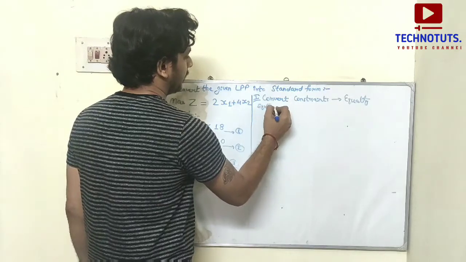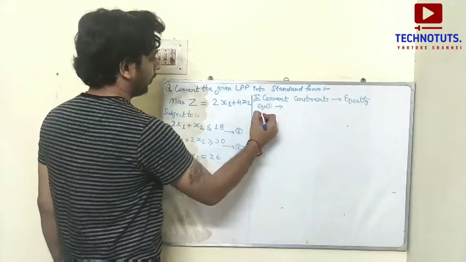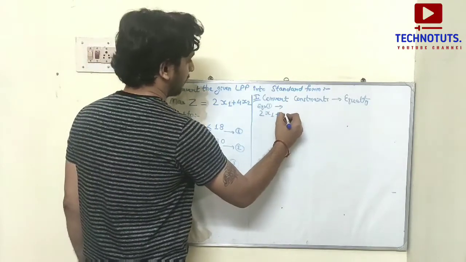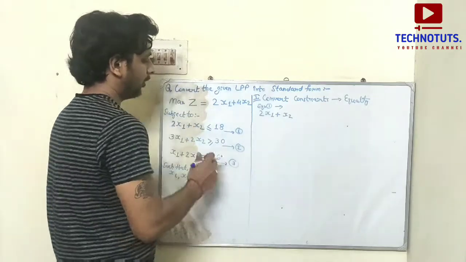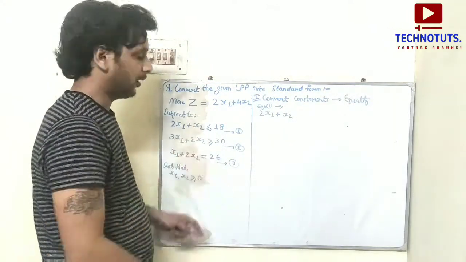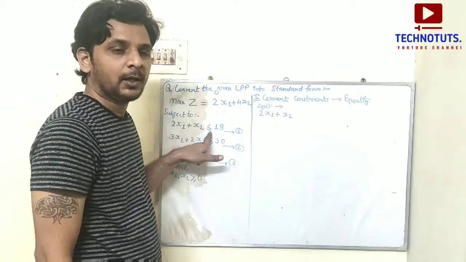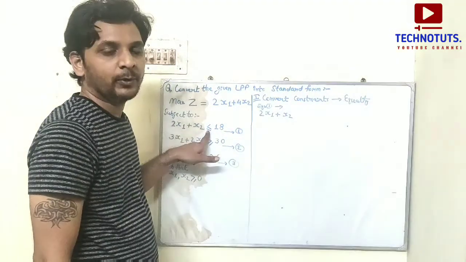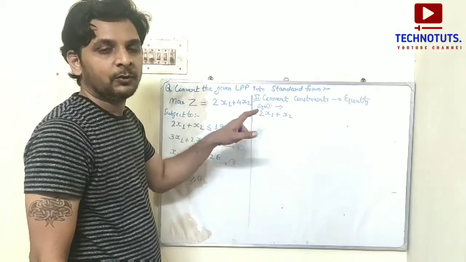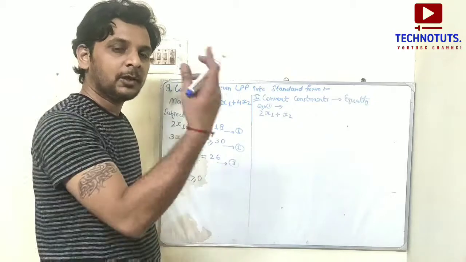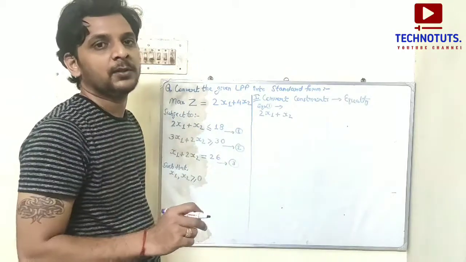So equation 1 will become 2x1 plus x2. Now let us check the sign. Here the sign is less than or equal to. The rule says that wherever the less than or equal to sign appears, you have to add a slack variable, whose coefficient is unity in the constraints as well as in the objective function, but in the objective function the coefficient is 0.